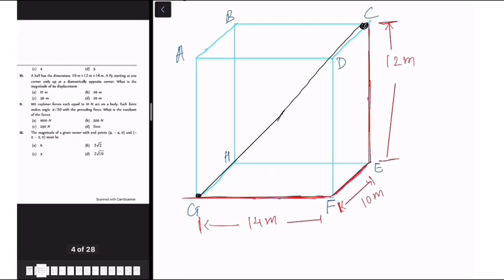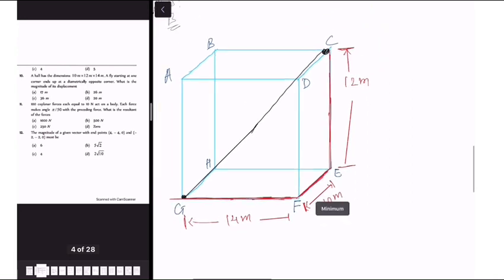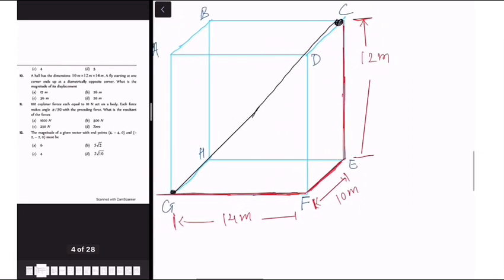For this, GFEH is a rectangle. Here this angle must be 90 degrees, this angle is 90 degrees, and this is the diagonal. GE is the diagonal.